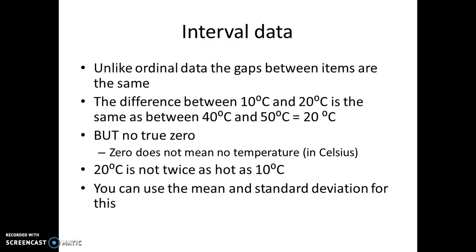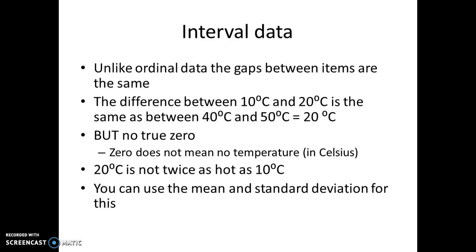Interval data is where things start to become more like the kind of numerical things that you are probably more familiar with. This is similar to ordinal data, except the actual distances between the items are given and specified.